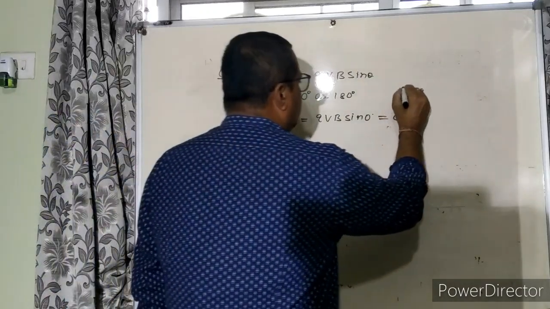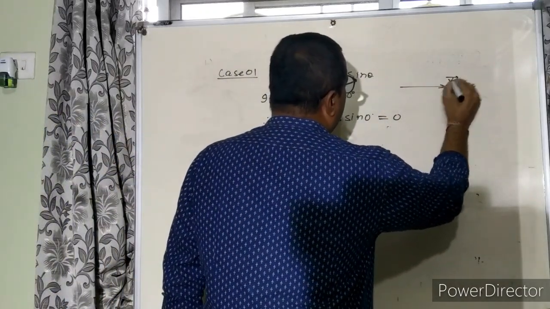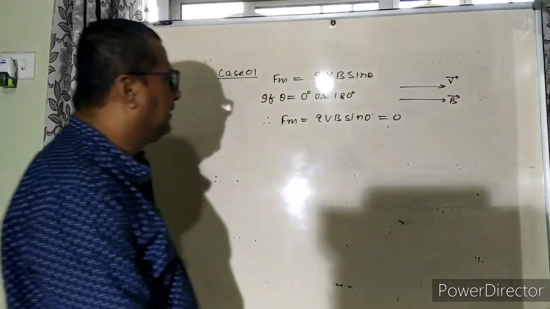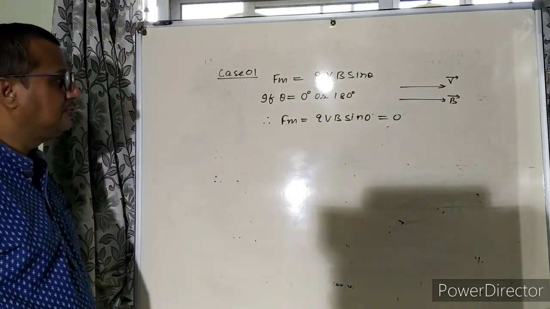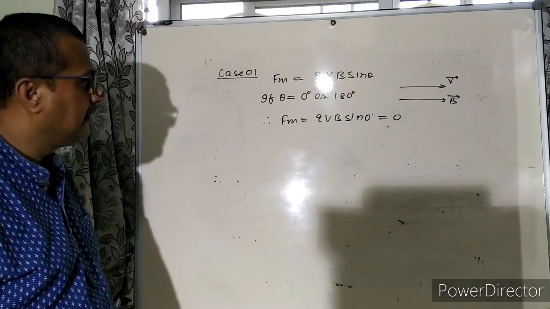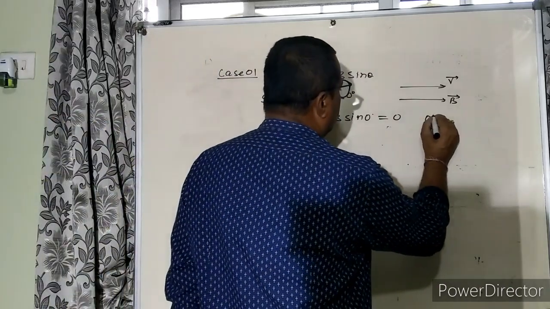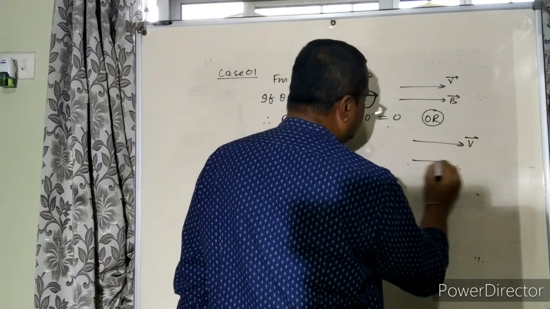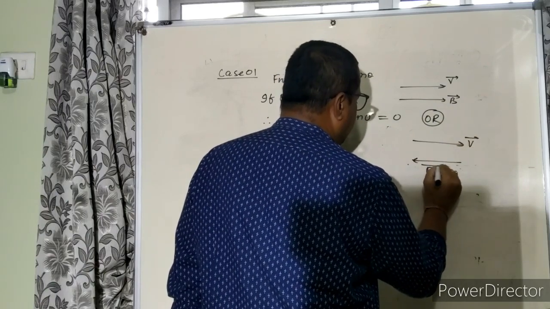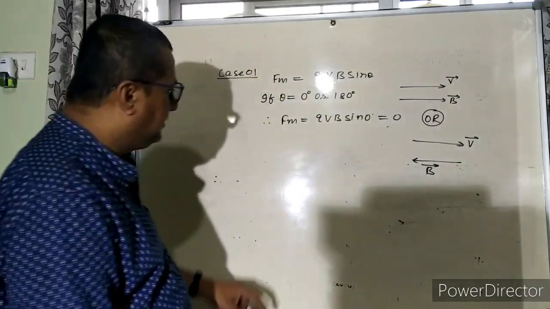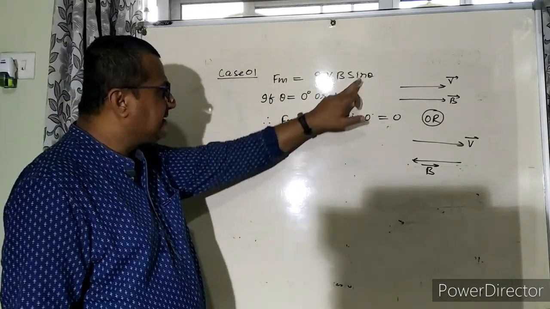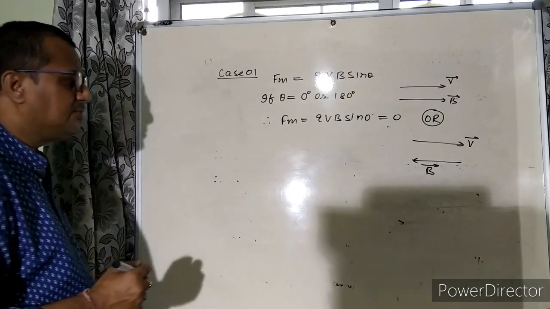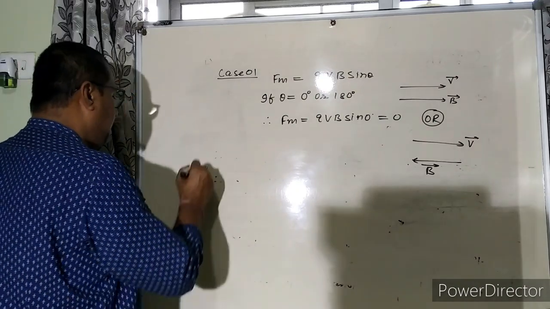Means if the direction of V and direction of B are the same, then theta will be 0 degree. Or if the direction of V and direction of B are anti-parallel, then again 180 degree and sin 180 is again 0. So magnetic Lorentz force will be equal to 0.